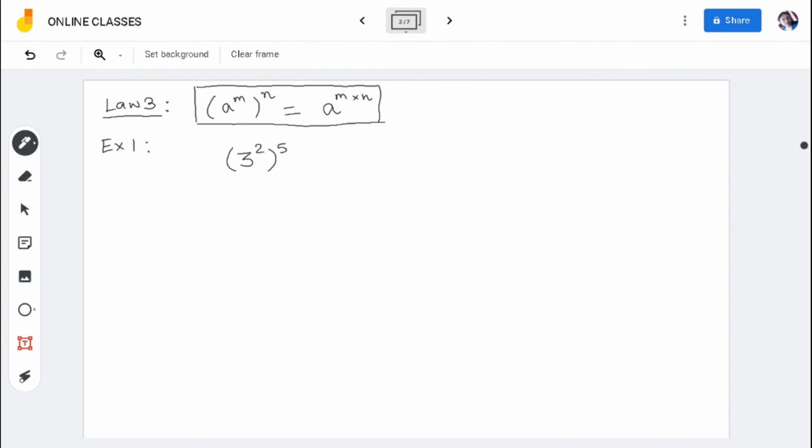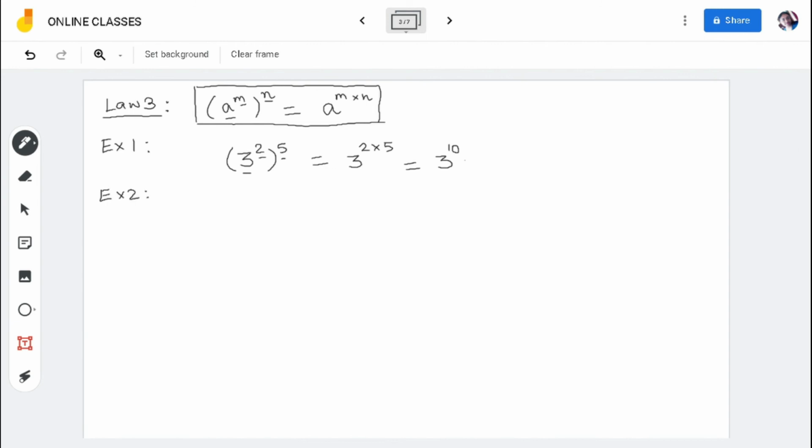Instead of a, here it is 3, instead of m, it is 2, and instead of n, it is 5. So using this law, we can rewrite this exponent as the base will be as it is, 3, and the powers will get multiplied. So this will be 2 into 5, or this can be written as 3 to the power 10. Let's see one more example based on this.